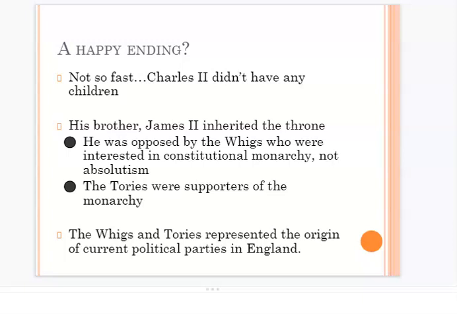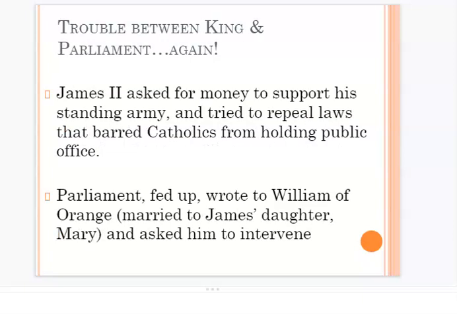All right? And you have two political parties emerging, the Whigs and the Tories. The Whigs want constitutional monarchs. The Tories are supporting of the monarch. These are the original political parties. So the Tories are supporting James. The Whigs are saying, no, we don't want him. And remember, he's Catholic.